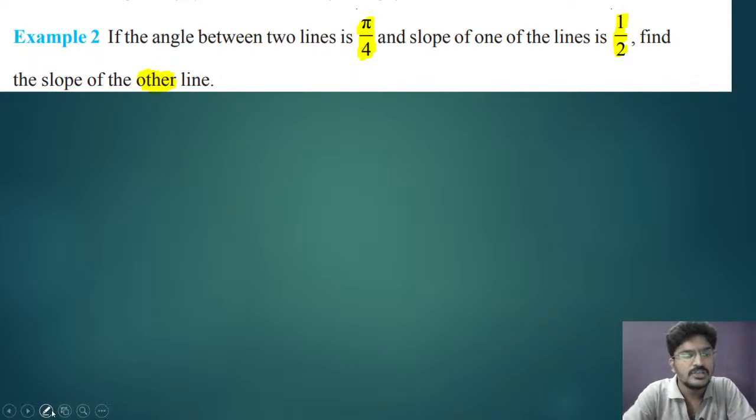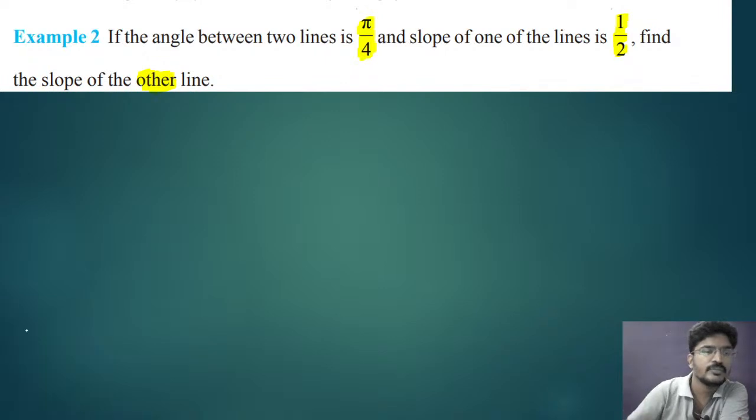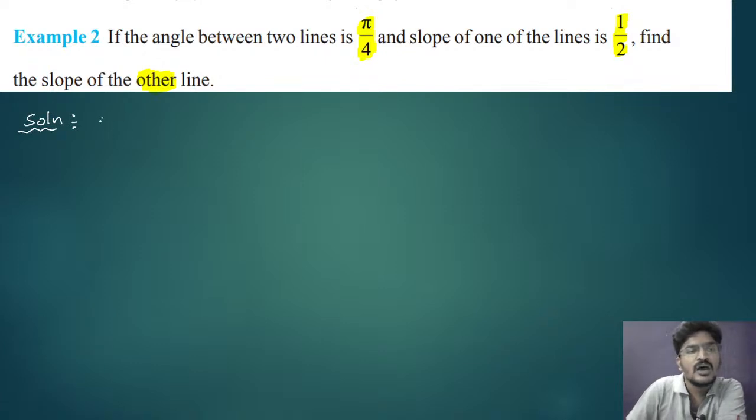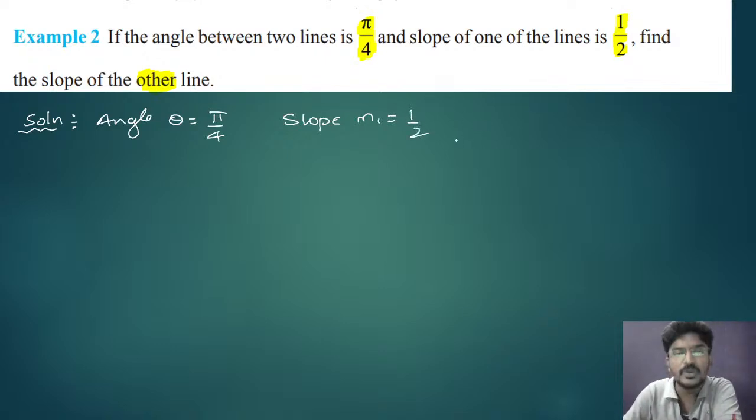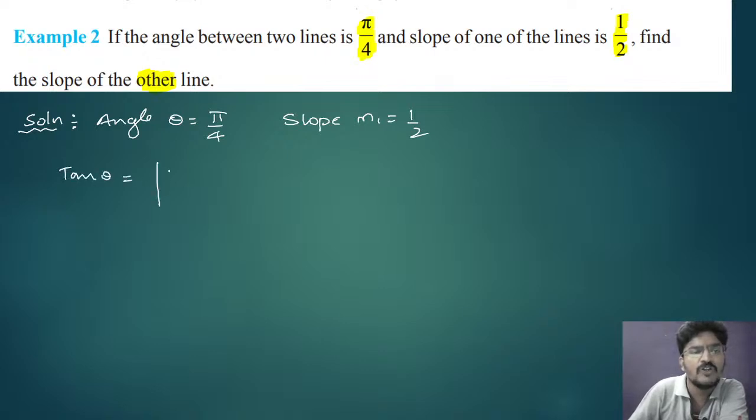So now let us write what is given. See the solution here. Angle theta equal to pi by 4, slope m1 equal to 1 by 2. Now we shall find slope m2. We know that tan theta equal to mod of m2 minus m1 divided by 1 plus m1 into m2.